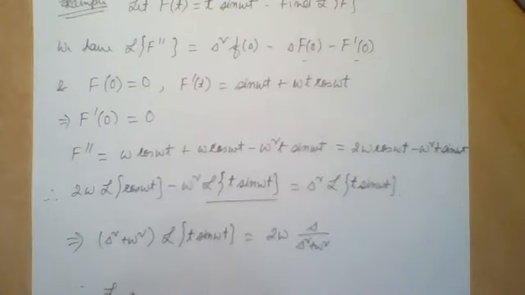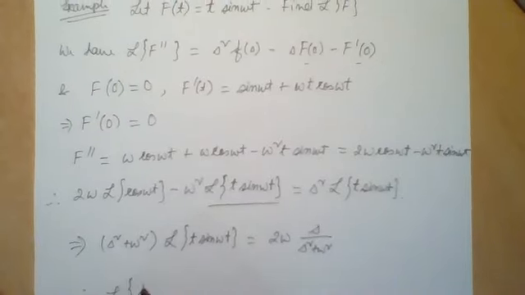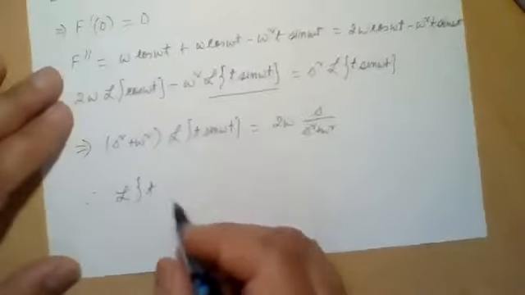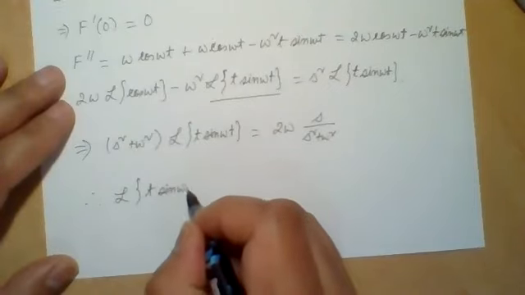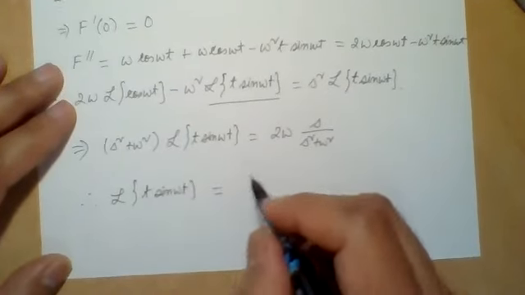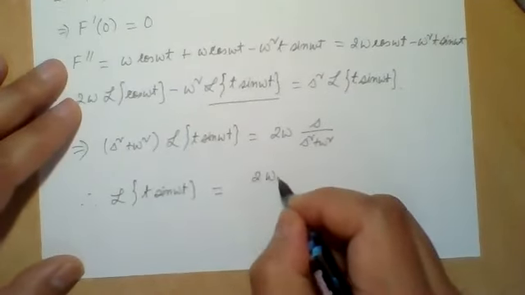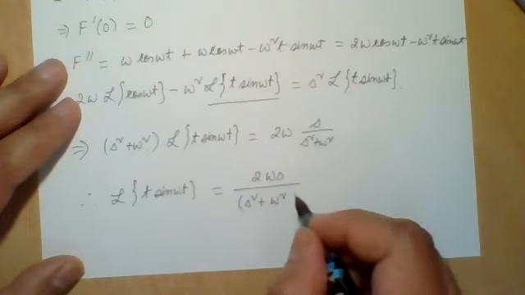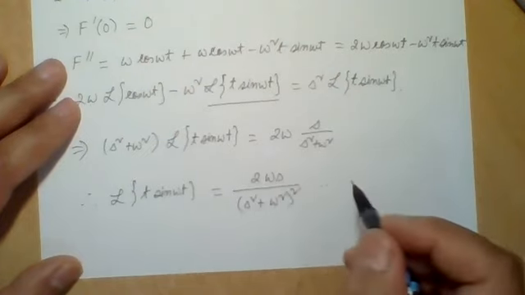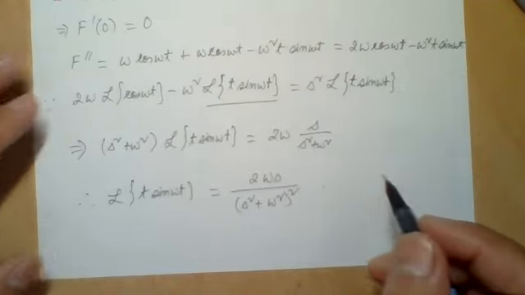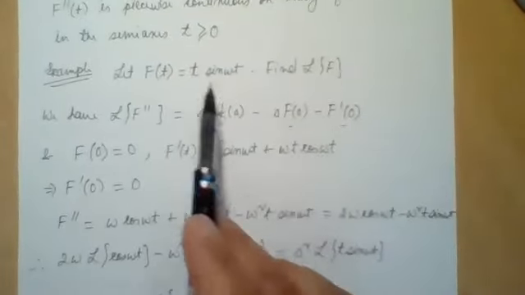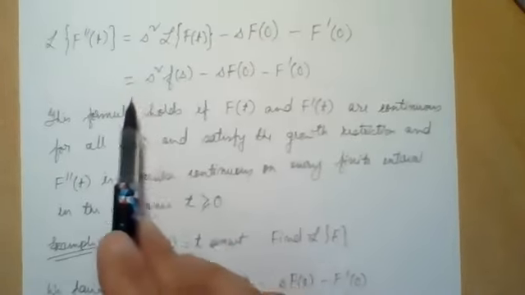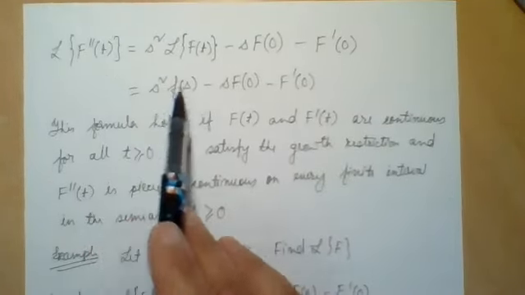Therefore, the Laplace transform of t sine omega t is equal to twice omega s divided by s square plus omega square whole square. So this is the answer. This is how we calculate the Laplace transform of t sine omega t by using the Laplace transform of second order derivatives.